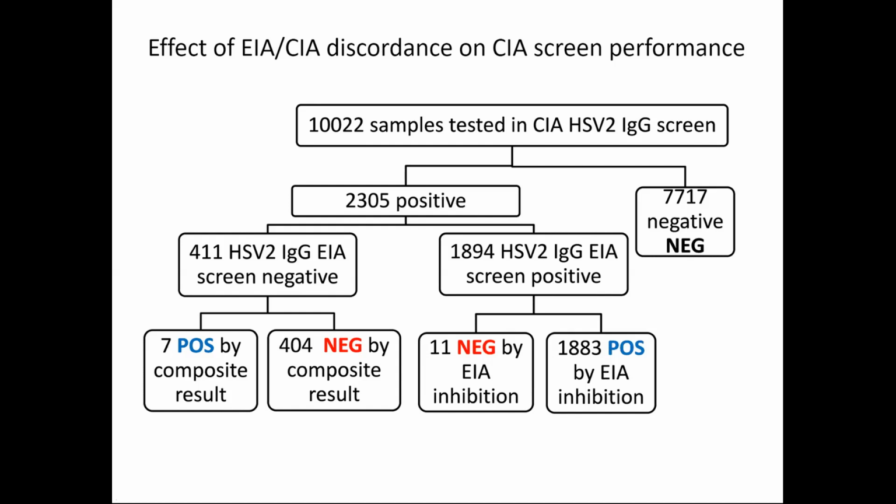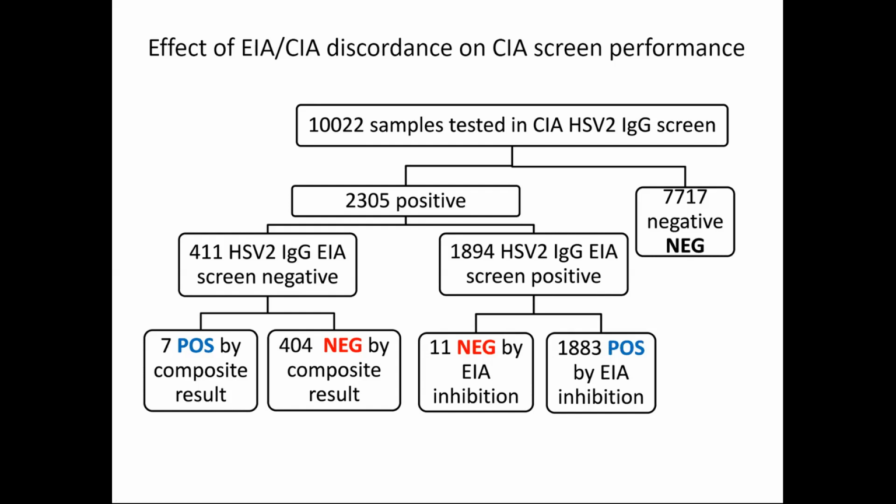And that means that 7,717 were considered negative. Now, we don't have a way to tell how many of those may have been falsely negative, but per the instructions for use for various CIAs, that number appears to be extremely low. So for the purposes of this exercise, we're going to consider that these were all true negative.